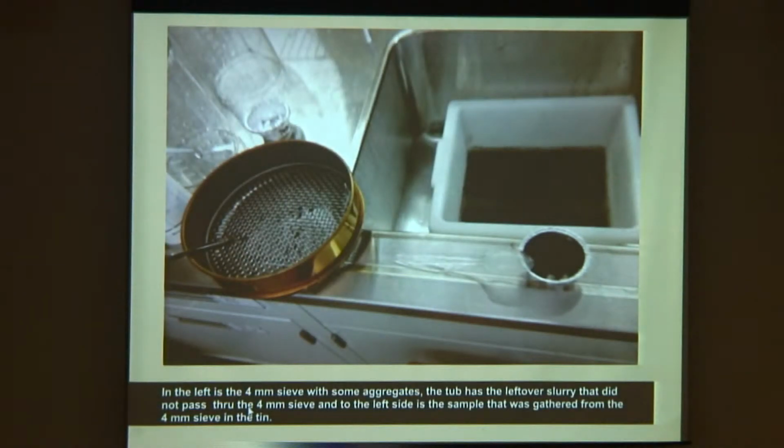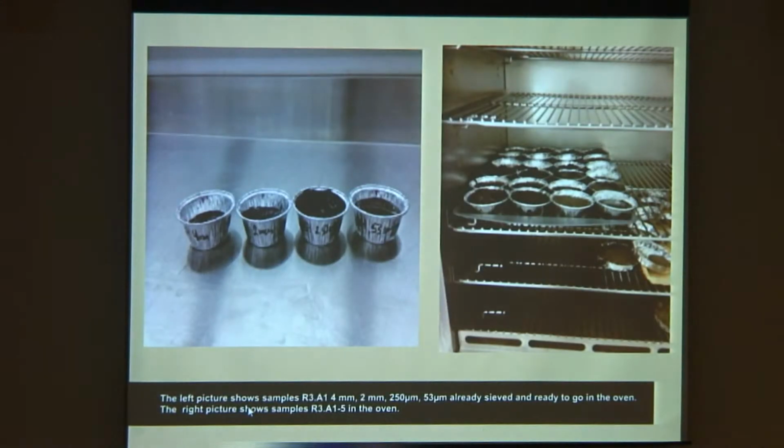And that's just another picture of me. Okay, so then as you can see, the slurry's in the tub, and that's my 4 millimeter sieve, and that's just the sample that I grabbed from the sieving. And those are just some samples in the oven.